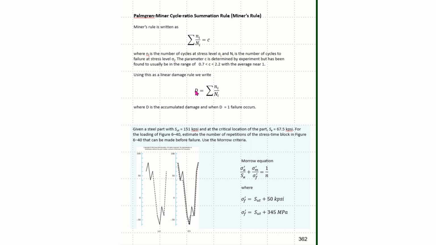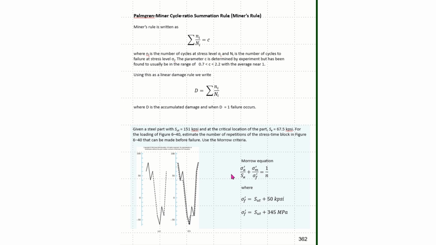So let's look at an example of how we do this. Given a steel part with Sut of 151 and at the critical location of the part, Se of 67.5, for this load case that we have analyzed, estimate the number of repetitions of the stress time block in figure 6-40 that can be made before failure, and we're to use the Morrow criteria.